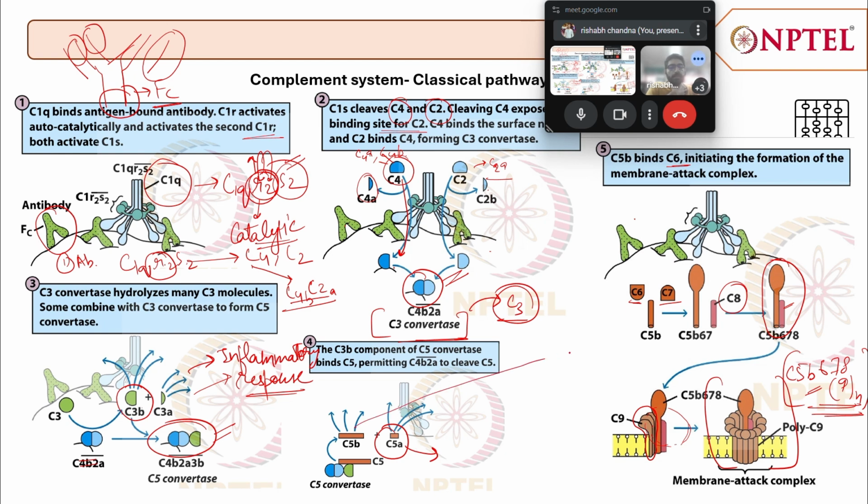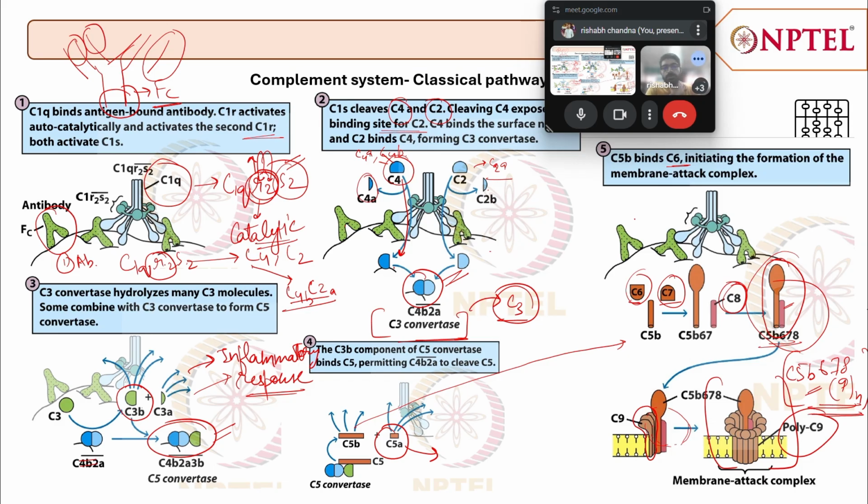C5b basically recruits C6, then C7 and C8, and then after combining these three, it recruits C9. So this helps in formation of the pore inside the membrane, and then recruits the C9, and the poly C9, when they are recruited, these form the membrane attack complex.